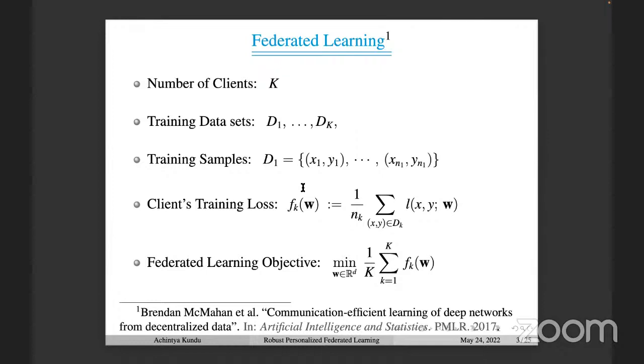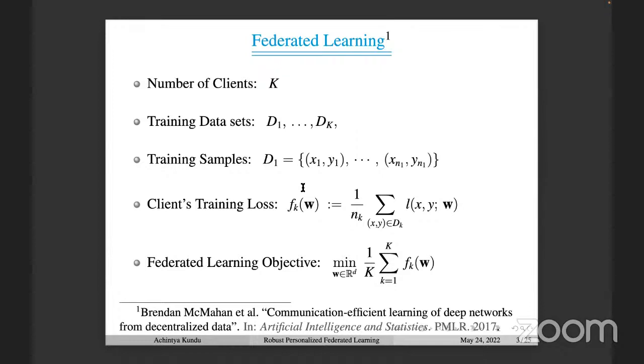So in that setting, several hospitals can come together and form a federation. There will be one server which will coordinate across these hospitals, but the server will not have access to the private data of these hospitals. So the form of communication will be very minimal. And in that setting, how we can efficiently learn, that's the objective of federated learning.